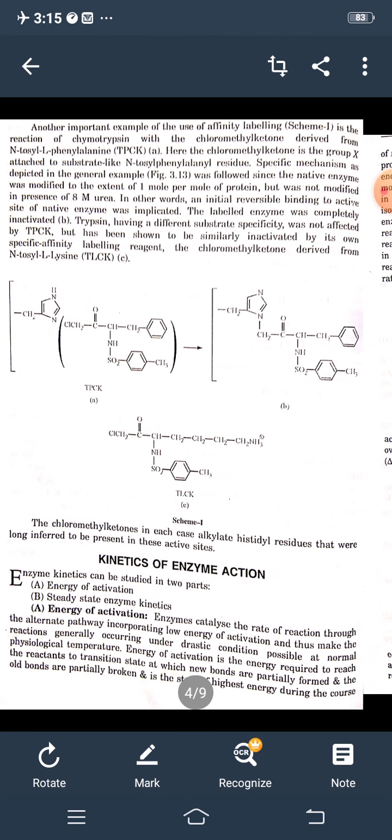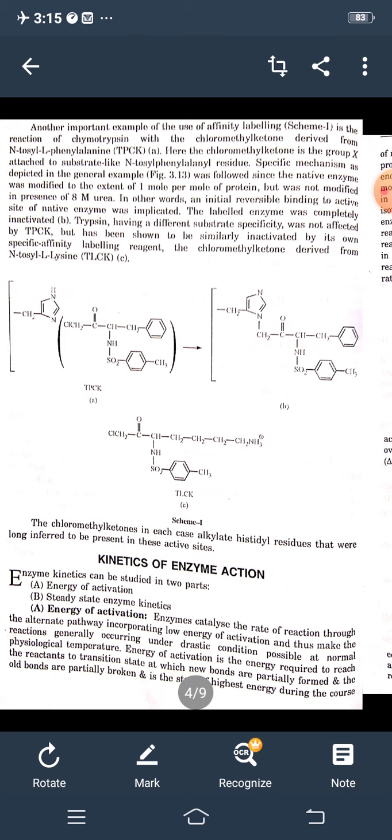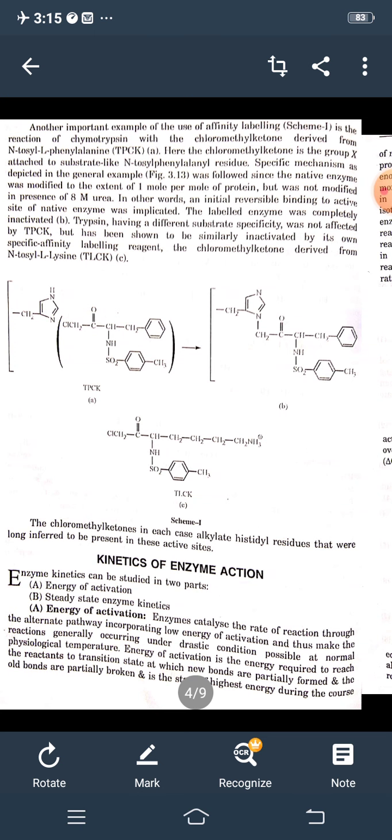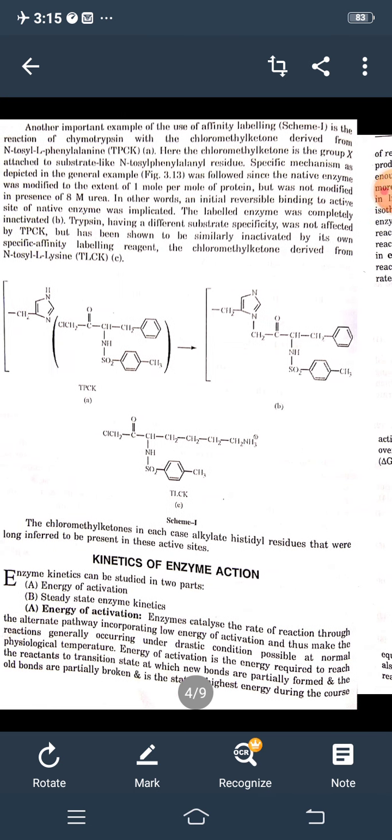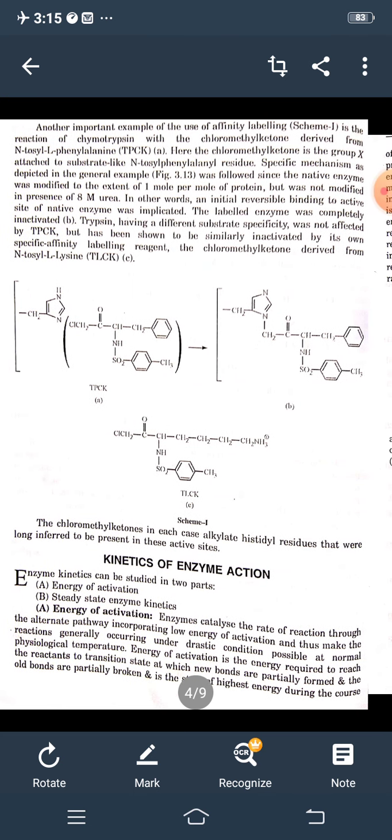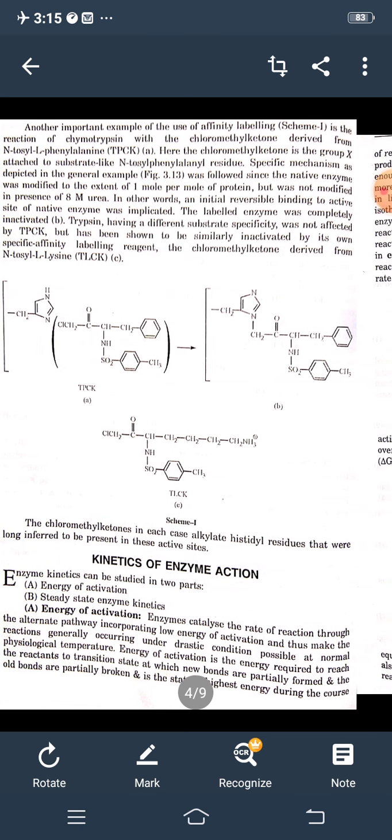The specific mechanism as depicted in the example 3.13 was followed since the native enzyme was modified to the extent of 1 mole per mole of protein but was not modified in presence of 8-M urea.